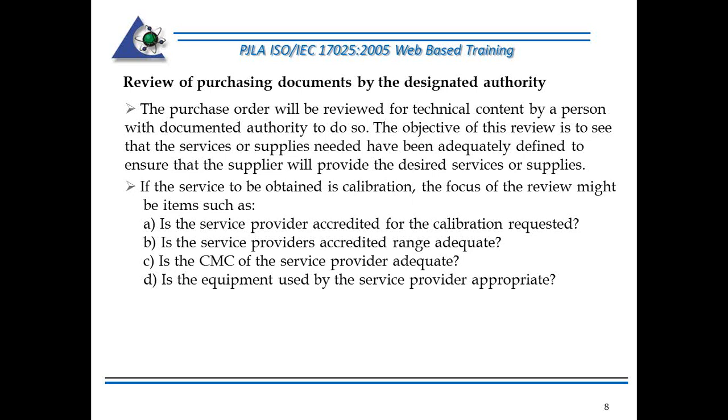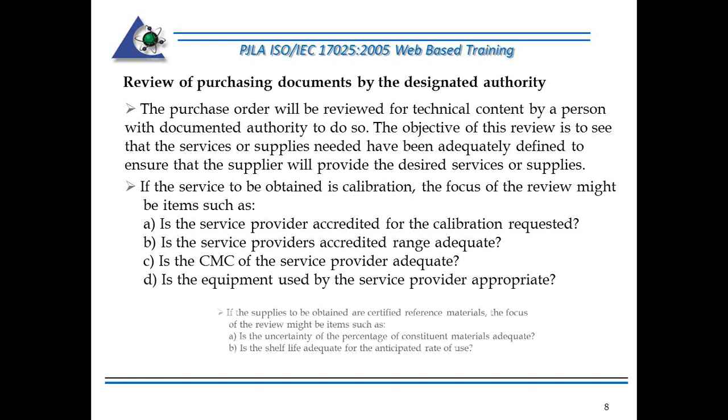Again, they may have the option of picking from several, but they need to be given all the necessary information to make sure that the one they select, and perhaps they may consider non-quality related parameters, but in considering those as well as the quality related parameters, is acceptable. And again, that's confirmed by a documented person or a person with documented authority reviewing it.